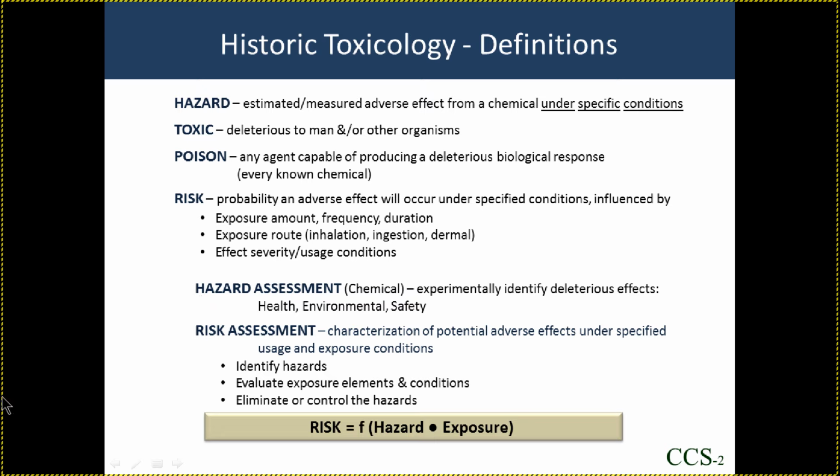The next chart is an overview of the amendments. We're going to go into different sections of this in detail in subsequent charts, but as an overview, this is risk-based. It's no longer enough for EPA to classify chemicals based upon their hazard only, and it applies to chemicals and mixtures.